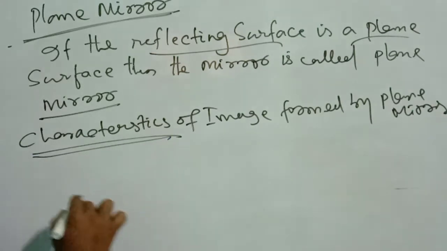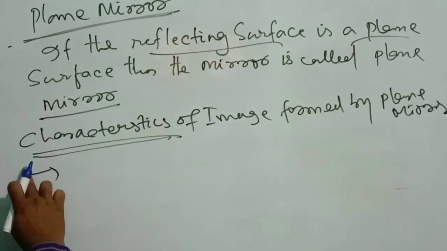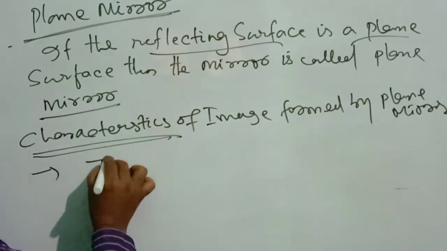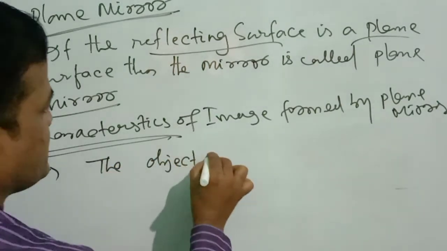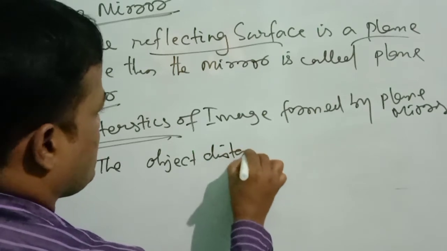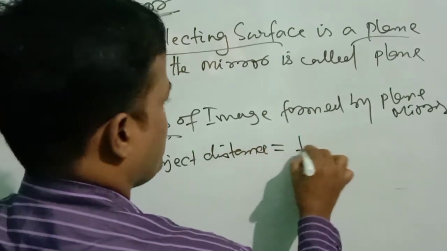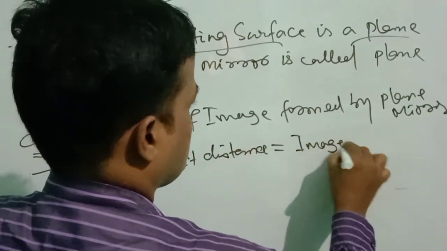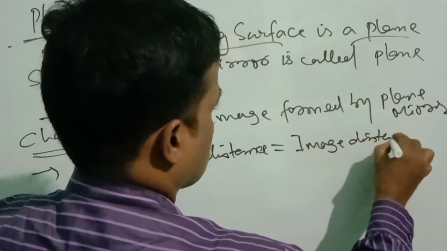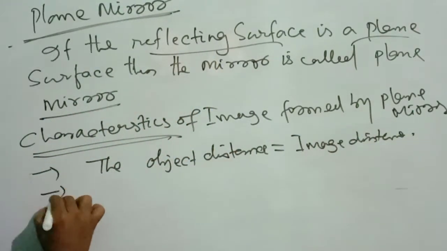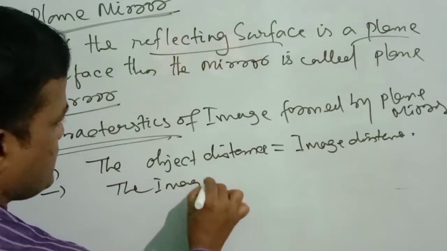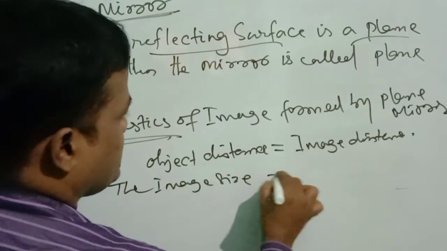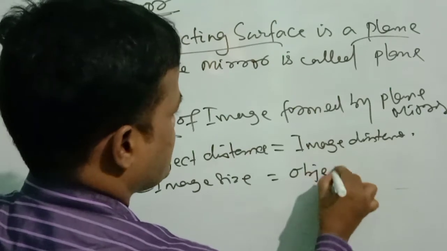Number one, the object distance is equal to the image distance. Number two, the image size is equal to the object size.